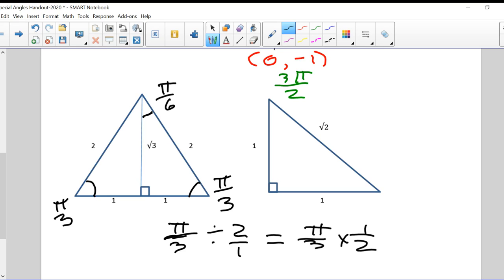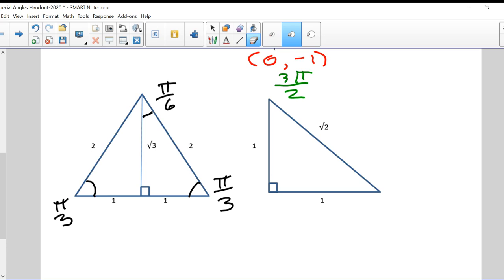Multiplied by the reciprocal, in other words. How do we get 2? Because we split it in half, exactly. So we're getting 2 because we're taking the pi over 3 and we're taking a half of that. We're splitting that angle exactly into a half. So that gives us pi over 6 in that case. Okay? All right, good. So I'll just erase that now.